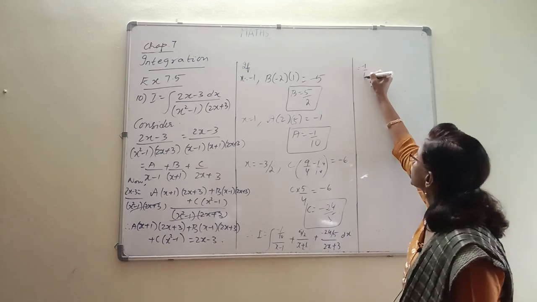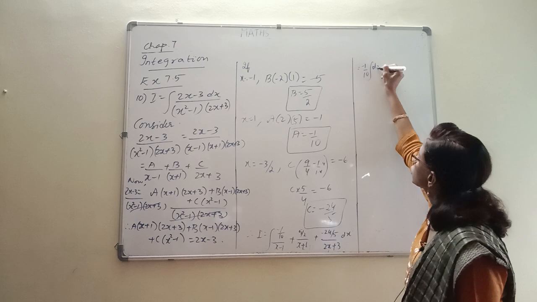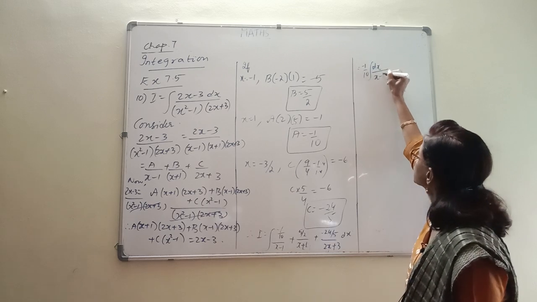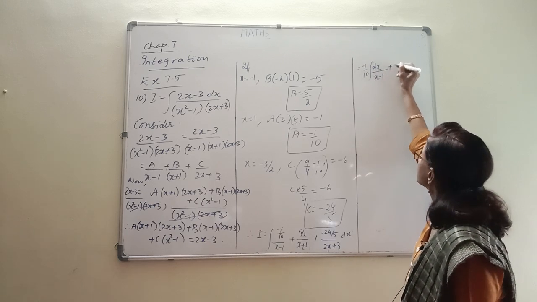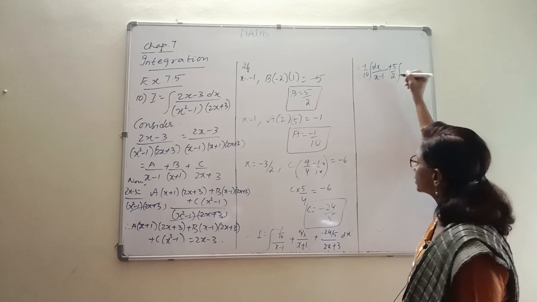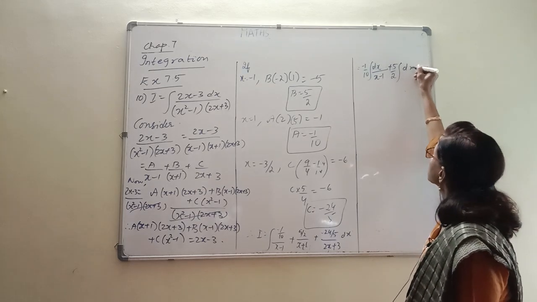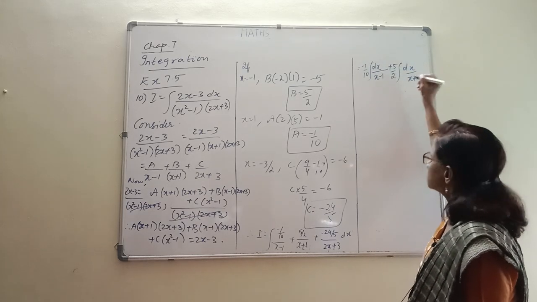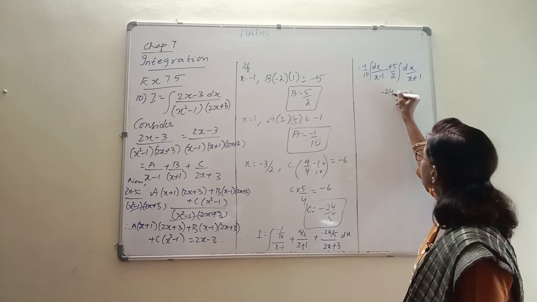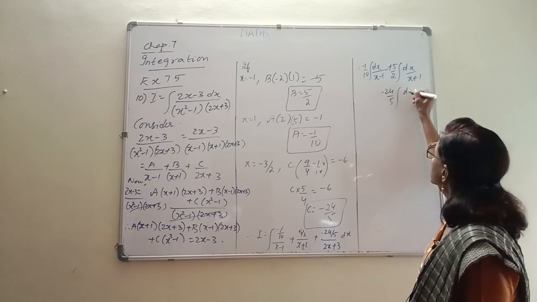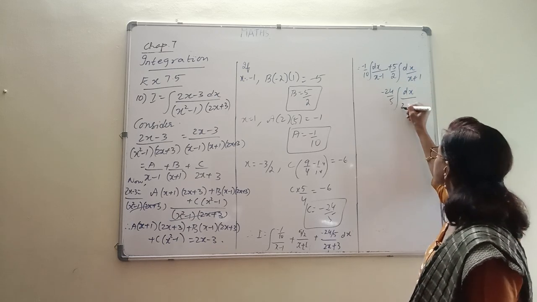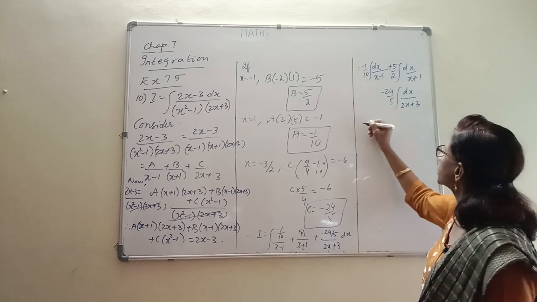Now when we split this integral, negative 1 over 10 can come out, integral of dx over x minus 1, first term. Second term, 5 over 2 you can leave there, integral of dx over x plus 1. The last term, negative 24 over 5 can come out, dx over 2x plus 3. Let's get the integrals.